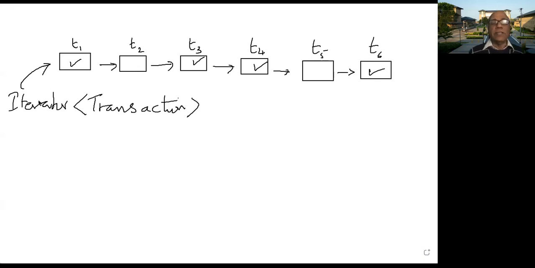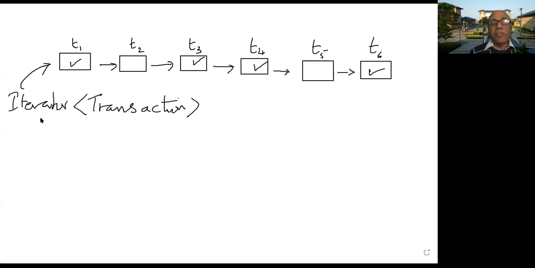Then normally, how does the iterator work? The iterator will first fetch you T1, then it will fetch you T2, then T3, T4, T5, and finally T6. So that is what an iterator normally does. It gets things one by one.